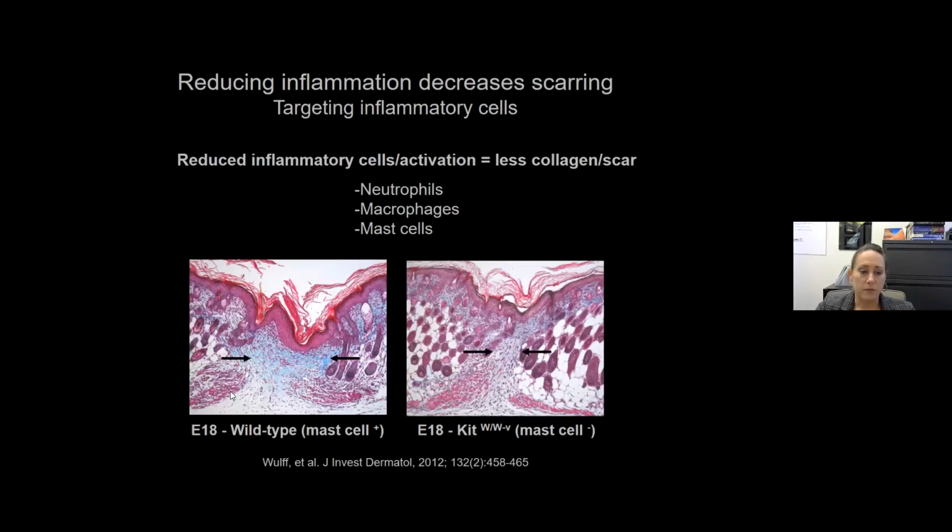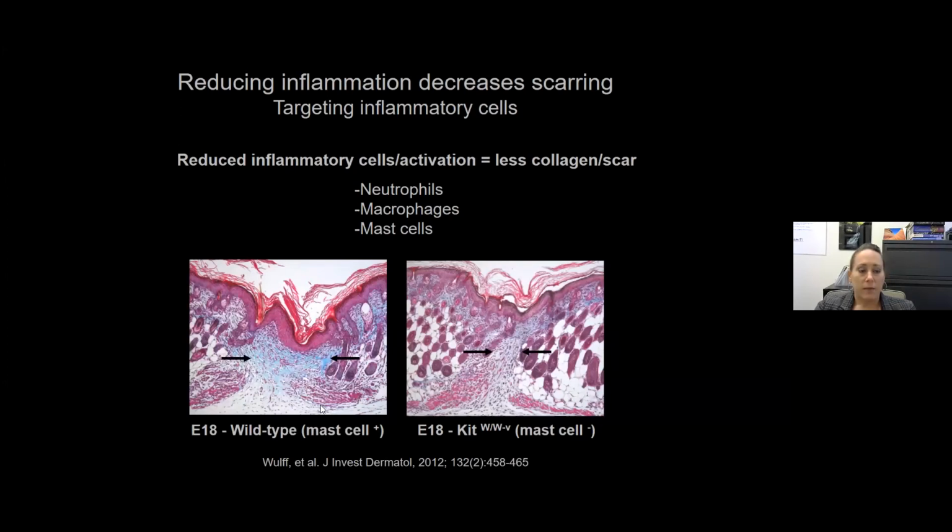This is an example of a study that we did looking at mast cell deficient mice. This is actually an E18 fetal wound. Remember, those E18 wounds will heal with a scar normally. And this is a wild type mouse, so this mouse has mast cells. You see a nice scar forming here. And then if you wound at the same time point in mast cell deficient mice, you see a reduction in scar formation.